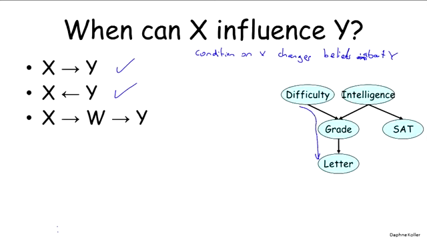And we've already seen that in this case, X can influence Y via W in the examples that we saw.